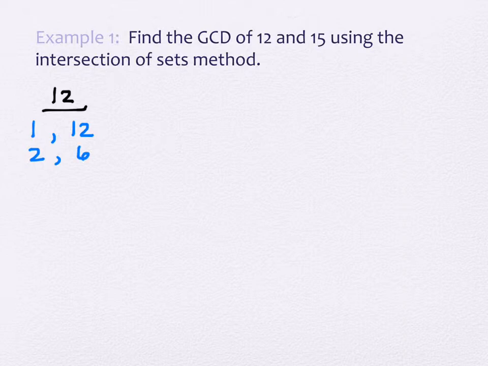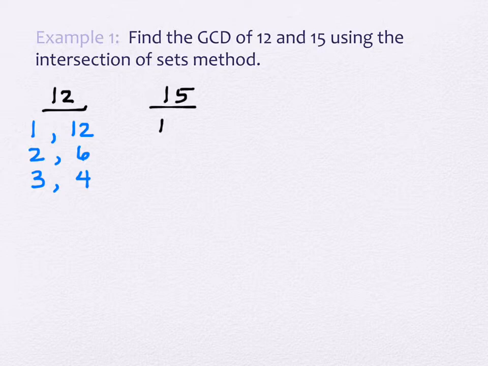What's the next smallest number that divides 12? 3, and then we get 3 and 4, and then we're done because there is no more space between 3 and 4 for whole numbers. Let's do the same thing with 15. So we start with 1 and 15. What's the next smallest number that divides 15? 3, and it'd be 3 and 5. Okay?